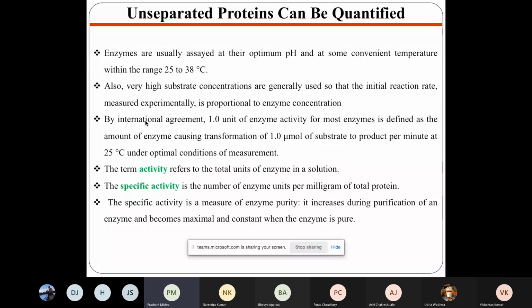So you have defined the optimal constant condition, you have defined that you are looking at the transformation of 1 micromole of the substrate to product, and you have also defined the time. So this gives you the international unit of enzymatic activity.